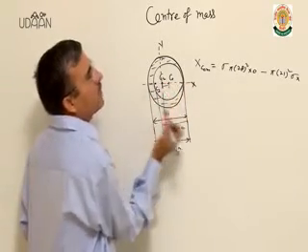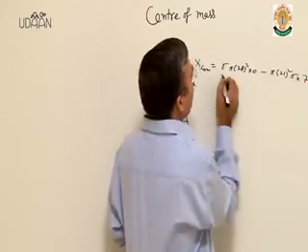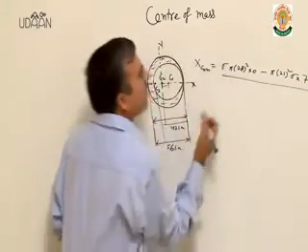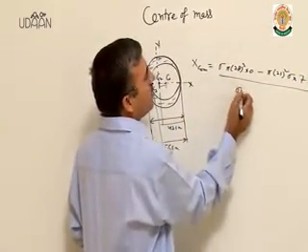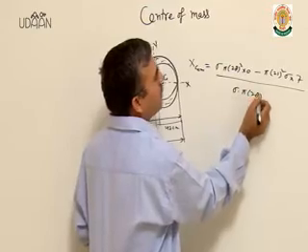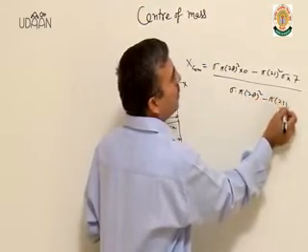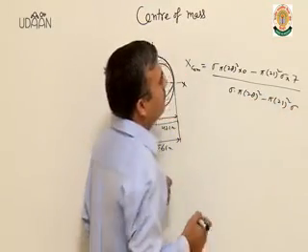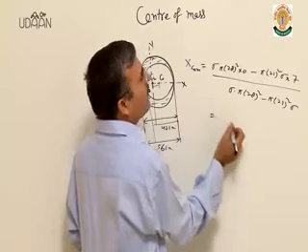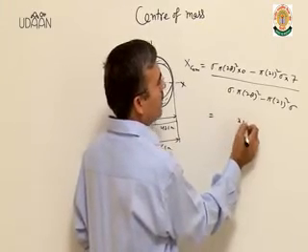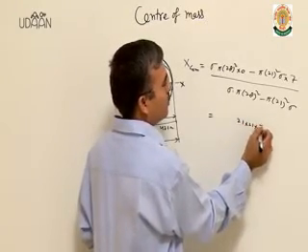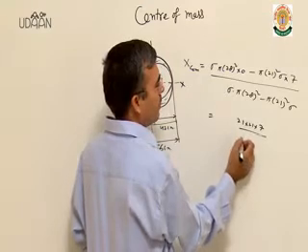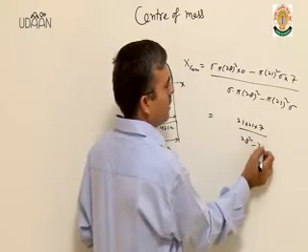So the coordinate will be 7 of the removed part, divided by the total mass, sigma into pi into 28 square minus pi into 21 square into sigma. If you simplify it, you will get 21 into 21 into 7 divided by 28 square minus 21 square.